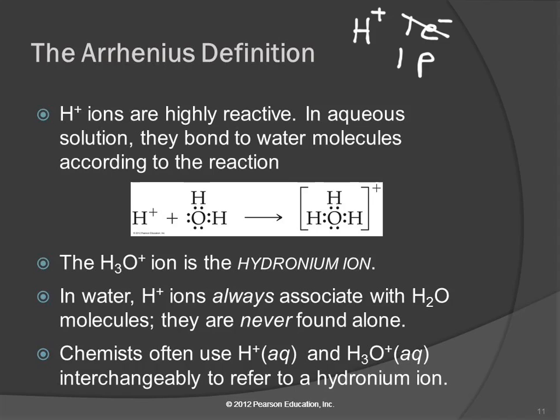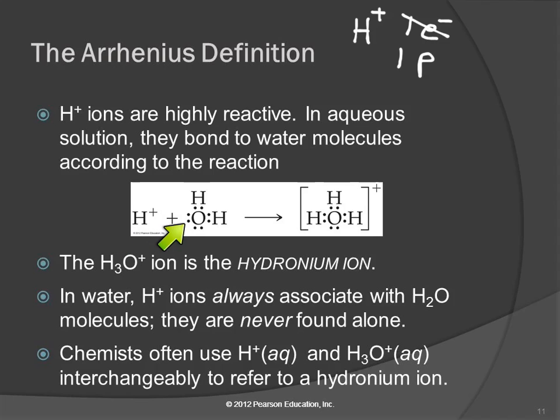So in aqueous solution, what a hydrogen ion or a proton will do is it will attach itself to a water molecule. This water molecule has 2 lone pairs. This bare proton is not happy, okay? It wants a duet of electrons, and it doesn't have any electrons.